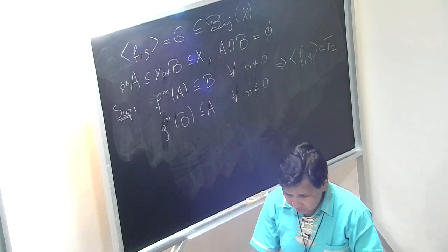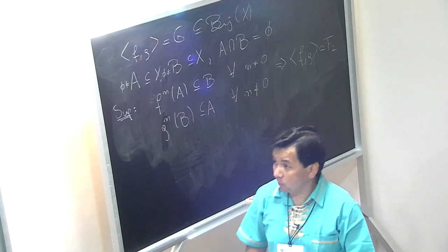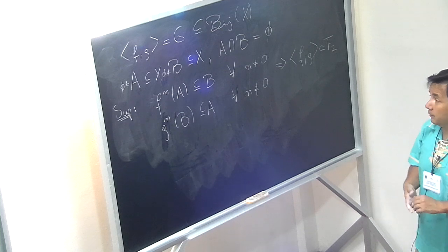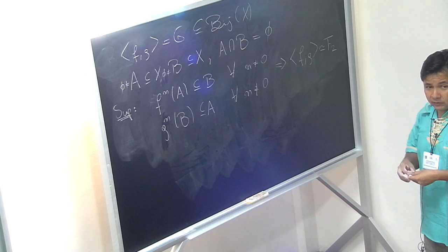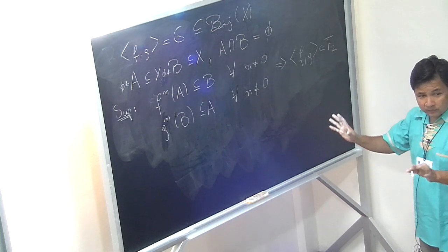And this is the canonical way to produce free groups, or to prove that some group is actually free: to build some action on some space.